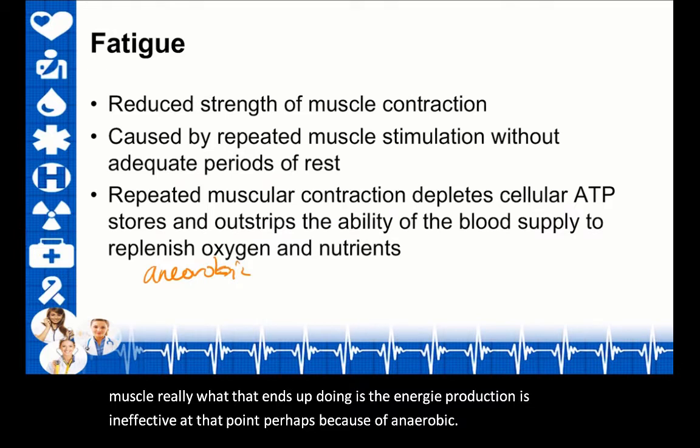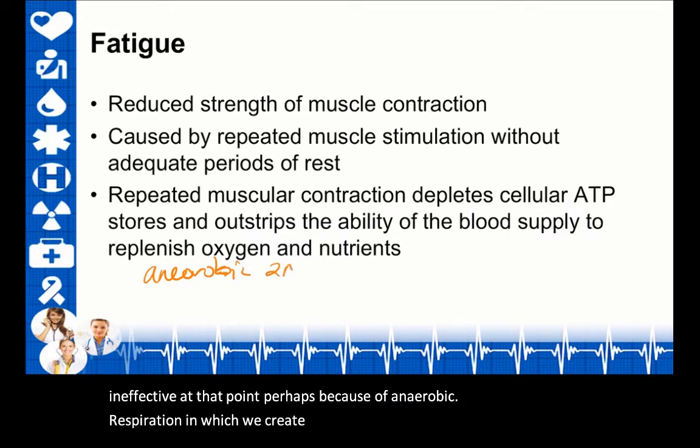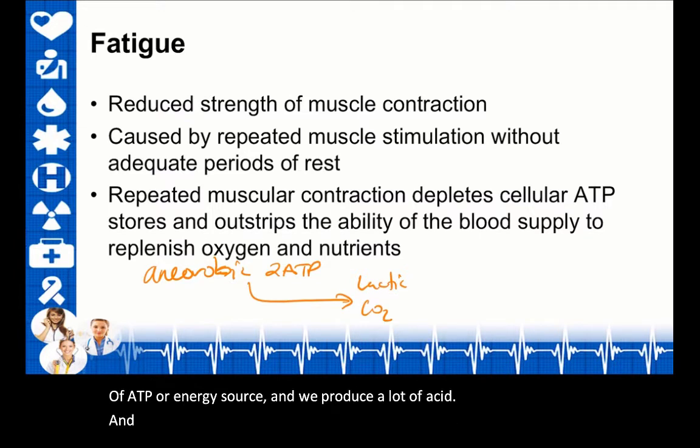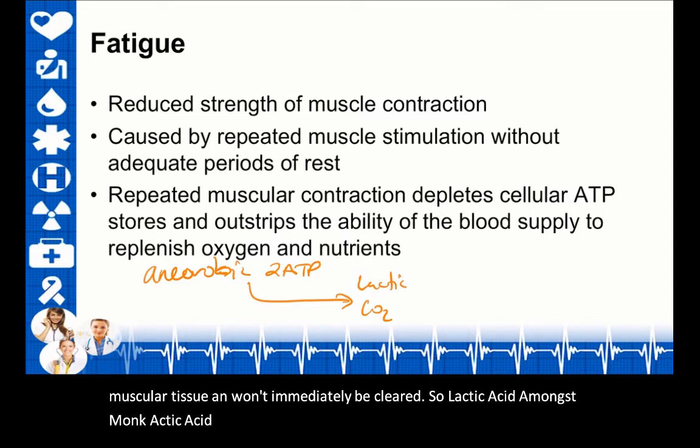respiration, in which we create a little bit of ATP, our energy source, and we produce a lot of acid and CO2. Now that acid is going to build up in our blood tissue, in our muscular tissue, and won't immediately be cleared. So lactic acid amongst muscle tissue is going to be perceived as stiffness and pain.